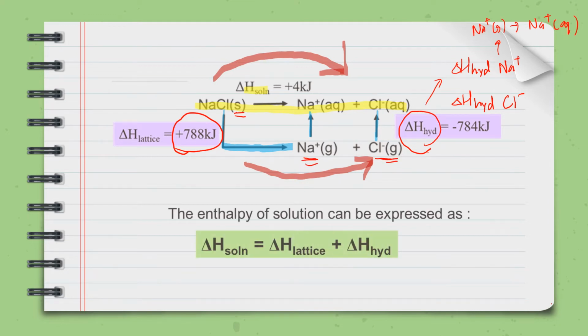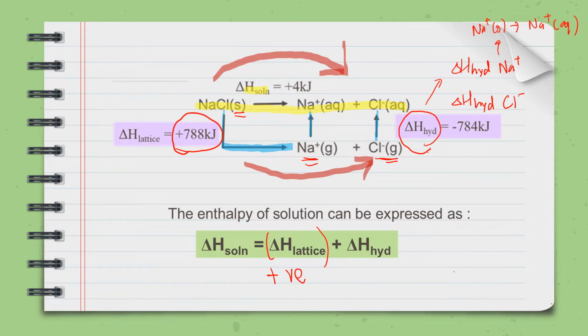With that, the enthalpy of solution can be expressed as delta H solution equals delta H lattice plus delta H hydration. Please be very careful, especially with the delta H lattice over here. You need to make sure that the value of delta H lattice that you use in this equation must be positive.